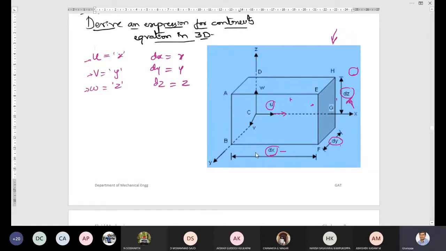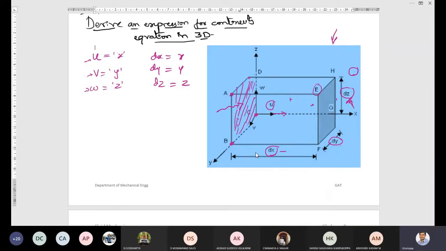Okay. For the time being, consider the mass flow of fluid entering the face. This A, B, C, D is a surface, which I will take as the inlet.